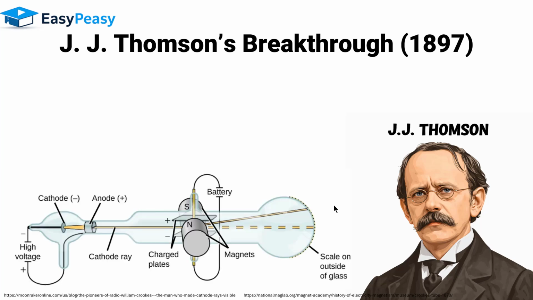What he did is that he used the same cathode ray tube. So this is the cathode ray tube, and it's showing a beam coming from there, right? Then he put some charged plates with some magnetic fields around the tube to see how this beam is going to react with the electrical field and magnetic field.